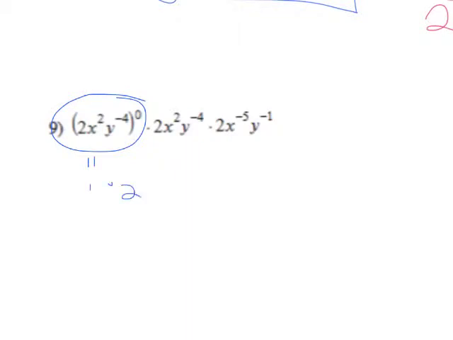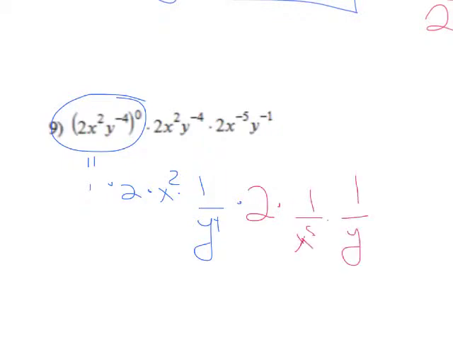And we've got 2 times x squared times 1 over y to the 4th times 2 times 1 over x to the 5th times 1 over y. Okay, so I can put those together, and I can put these together, and I can put these together.